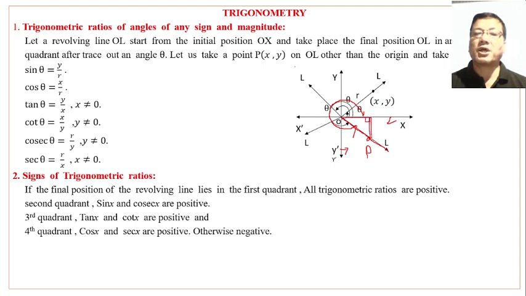Here r is always positive, x is always positive, and y is always negative. So cos and sec are positive and the others are negative. If the final position of the revolving line lies in the fourth quadrant, cos x and sec x are positive, and others are negative.